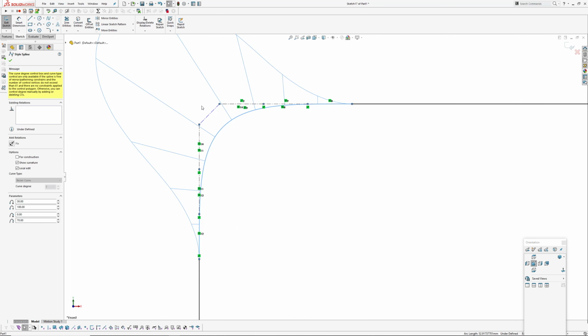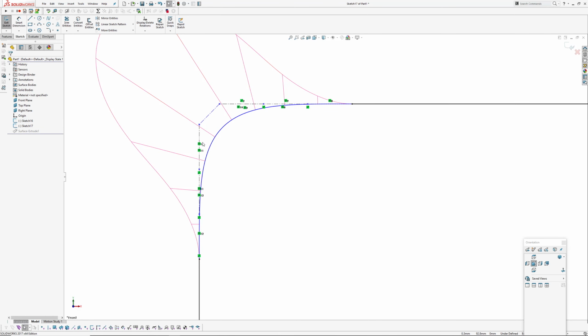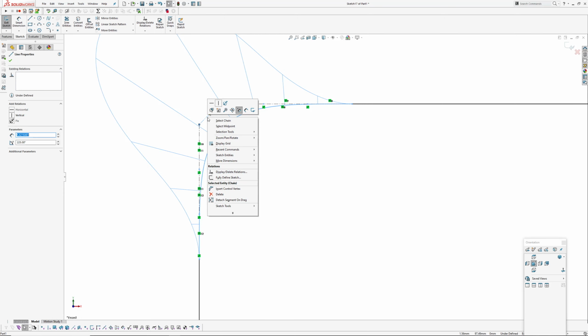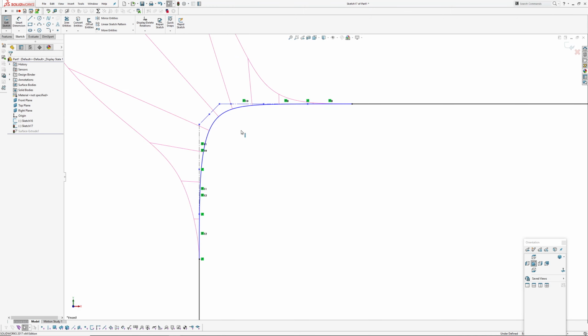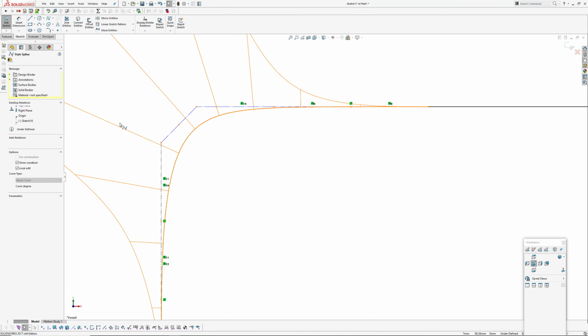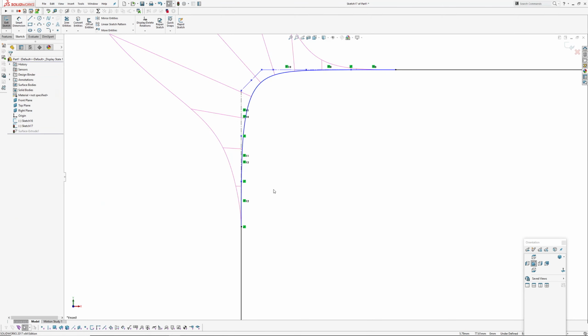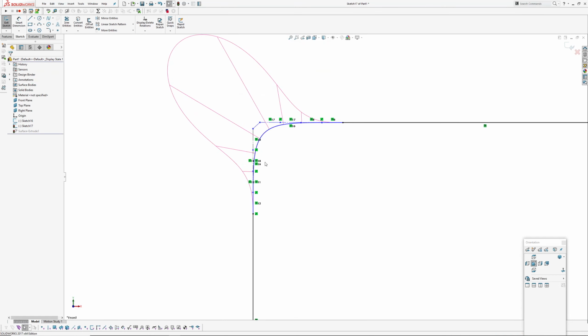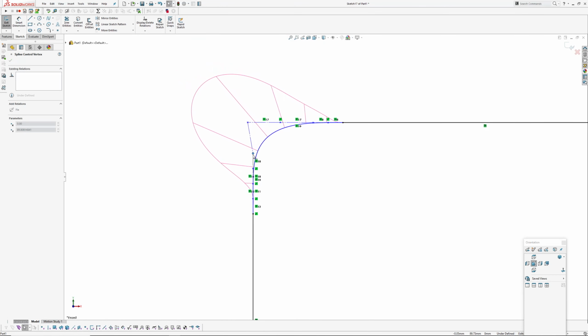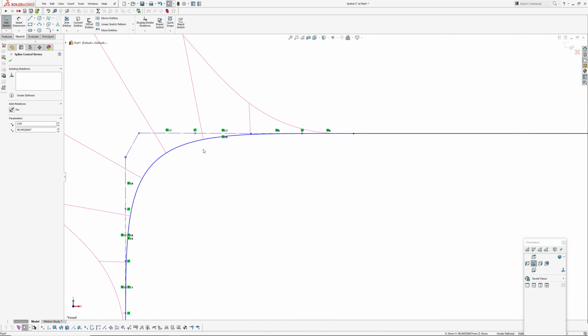Because you've got constraints on the control polygon, you have to add CVs by right clicking and going into insert control vertex. Okay, so now this has got curve degree 9. That's got 10 points.